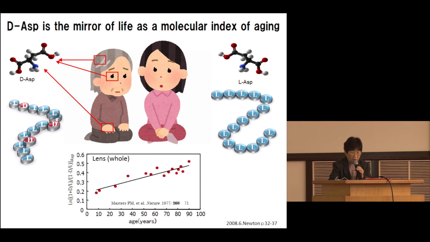And so D-amino acid is increased with age. That is, the amount of D-aspartate is expressed as a function of time. So that is why D-Asp is a mirror of life as a molecular index of aging.